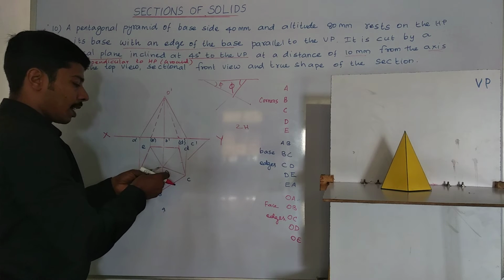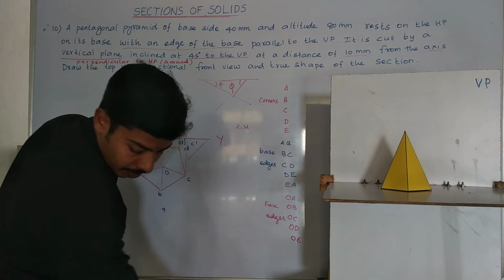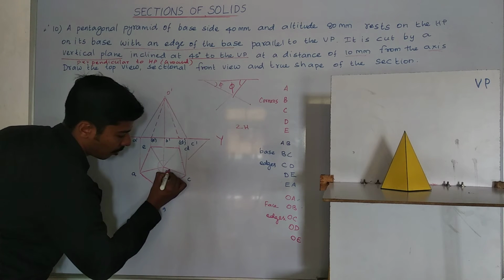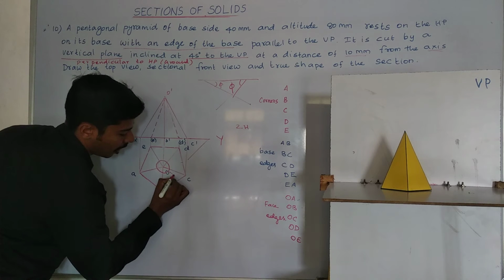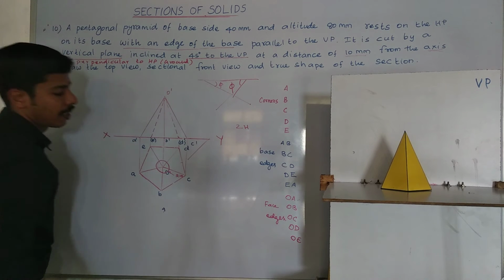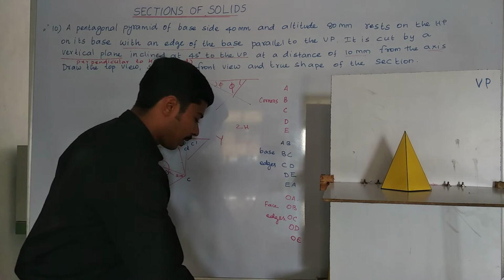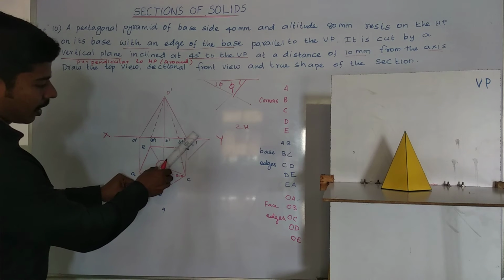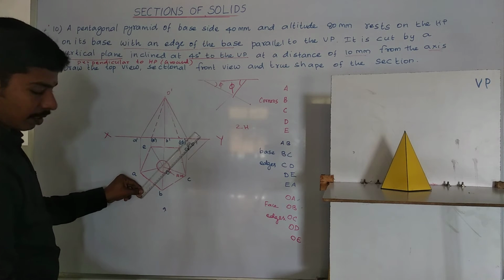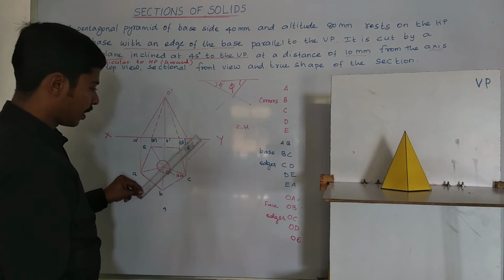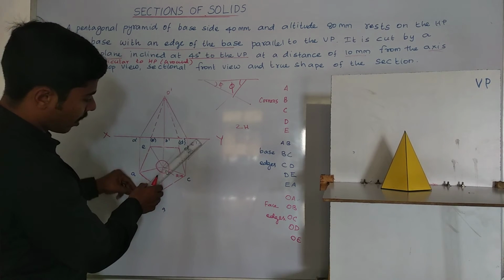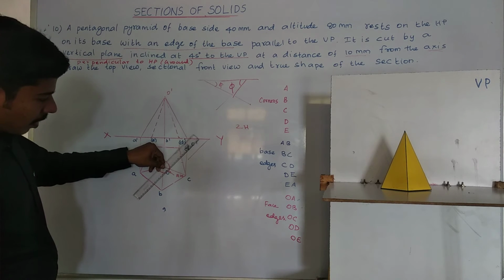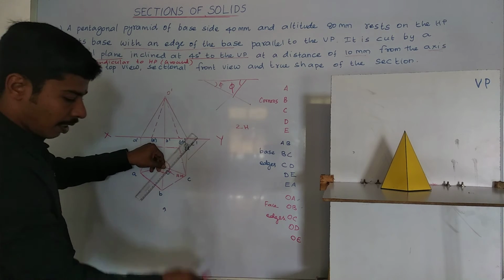So I draw one circle with center O and radius 10. Then I have to draw a line parallel to this line.